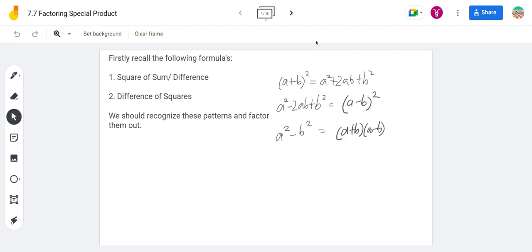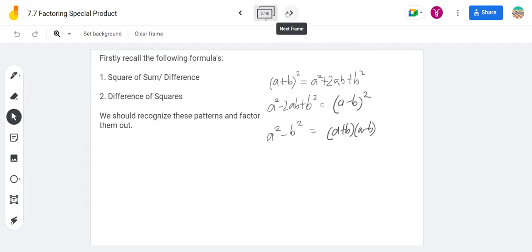So we have three main formulas for this part: the difference of squares, the square of the sum, and the square of the difference. If you do more problems, you'll be familiar with these three formulas.